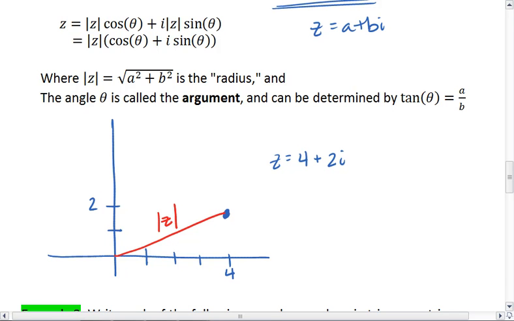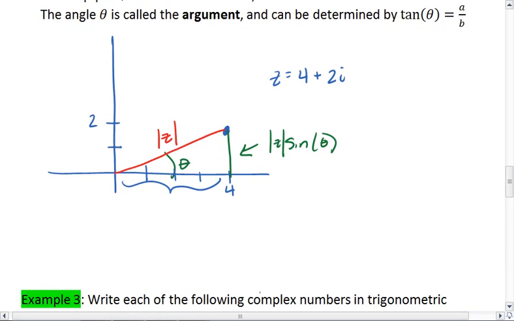We could then look at the angle here, theta. Then this vertical height is the sine of theta times the radius, which is the magnitude. And this horizontal distance is the cosine of theta times the magnitude.